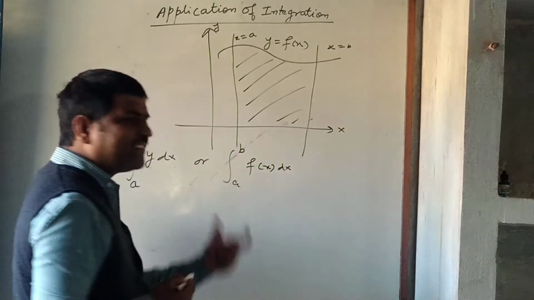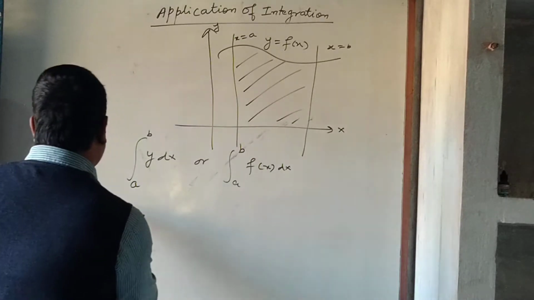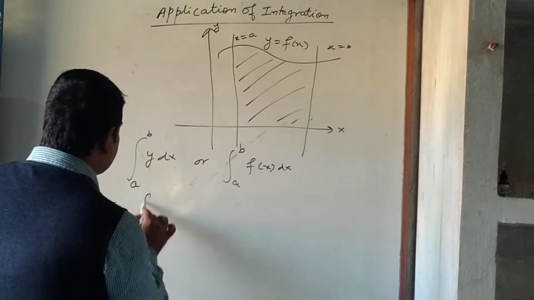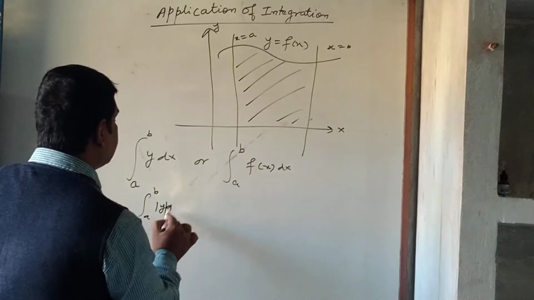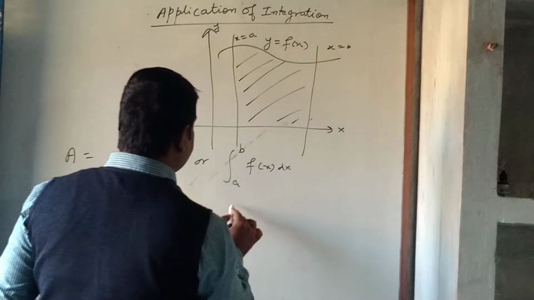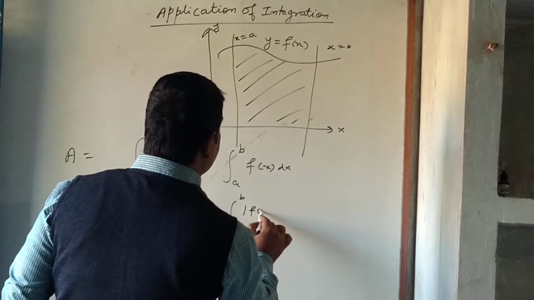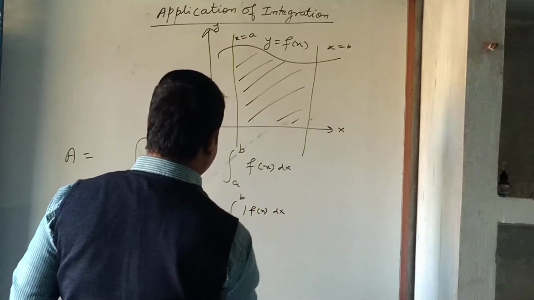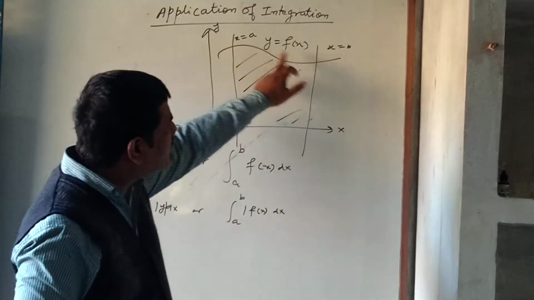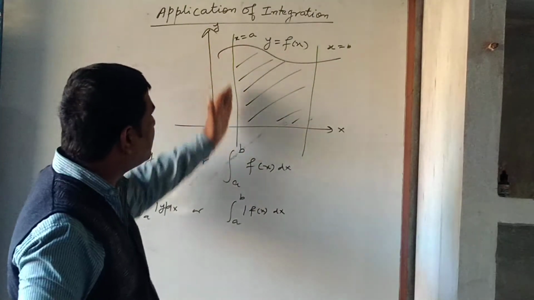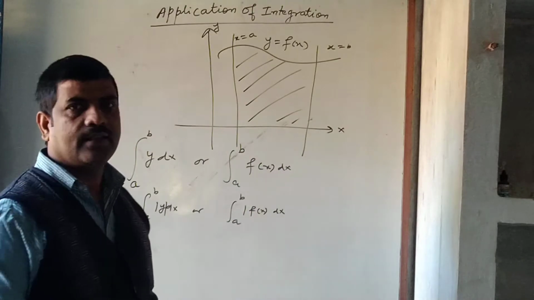If the sign of f(x) is not known, or if f(x) is a continuous function, then the same formula can be written as the area equals the integral from a to b of mod y dx, or the integral from a to b of mod f(x) dx. So here we are finding the area enclosed between this curve, the lines x equal to a and x equal to b, and the x-axis.